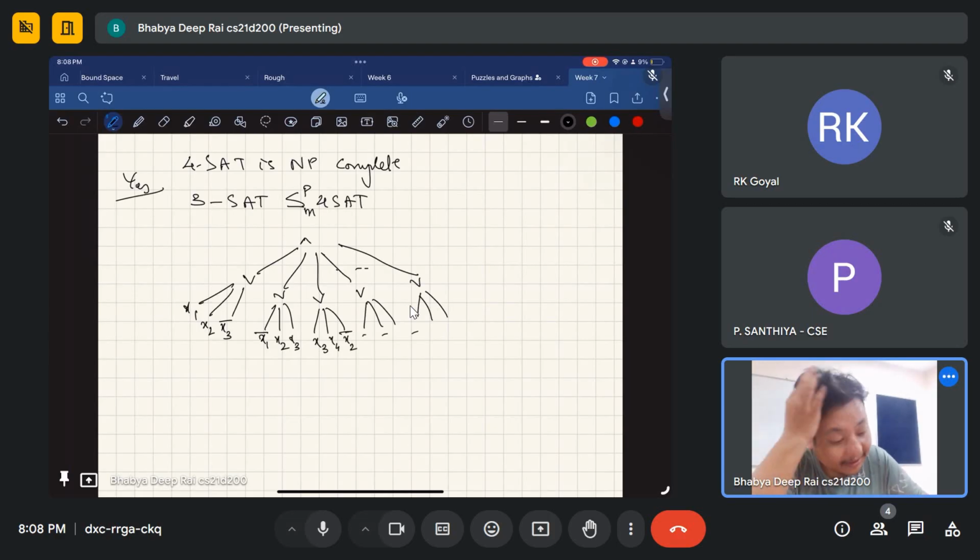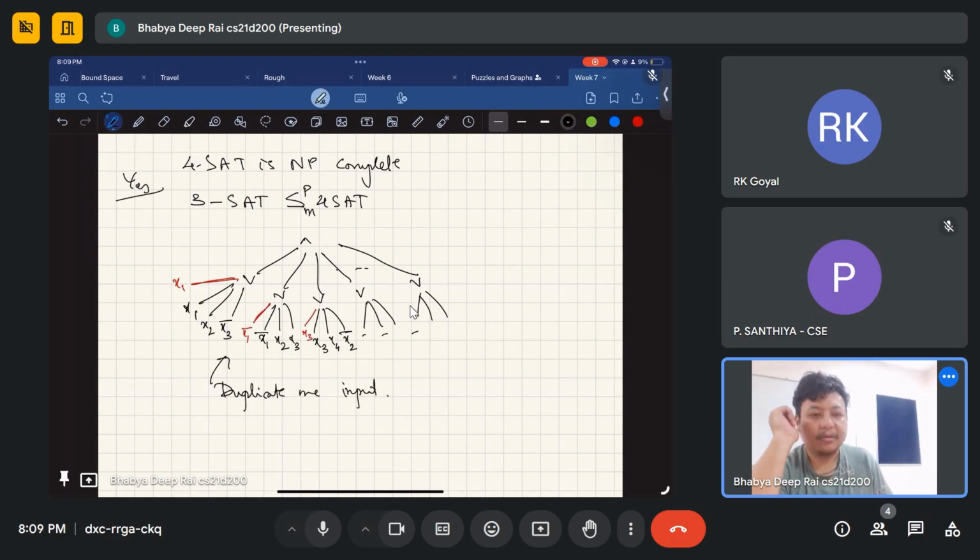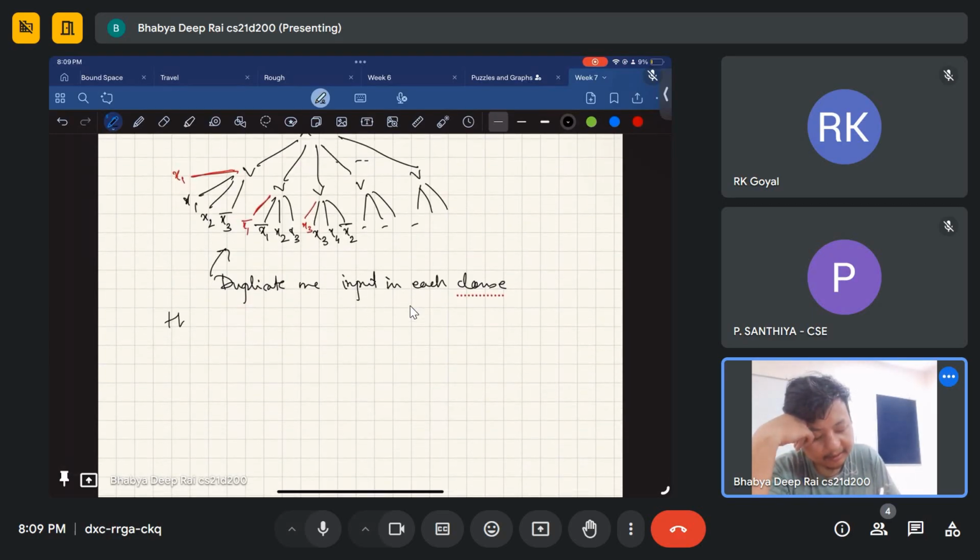Now I'm going to duplicate one input in each clause: duplicate x1, duplicate x1 bar, duplicate x3. Then we get a 4 CNF.